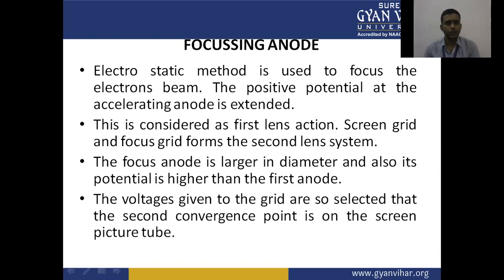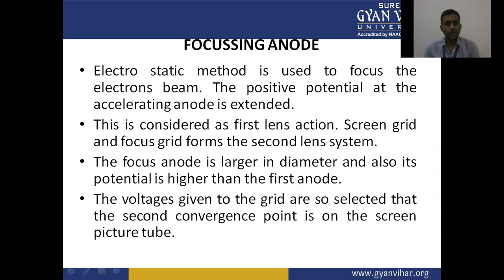Focusing anode. The electrostatic method is used to focus the electron beams. The positive potential at the accelerating anode is extended. This is considered as the first lens action. Screen grid and focus grid form the second lens system.